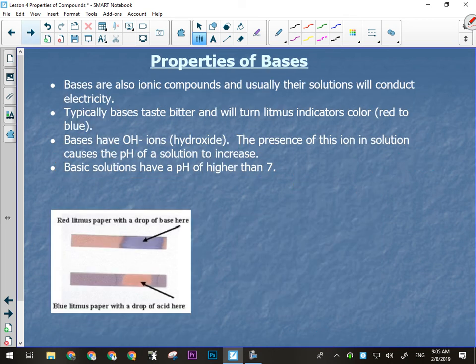Okay, bases. Strong bases are also going to be ionic compounds. Weak bases can be molecular, but strong bases are going to be ionic compounds. Okay, and they are going to contain hydroxide, OH.